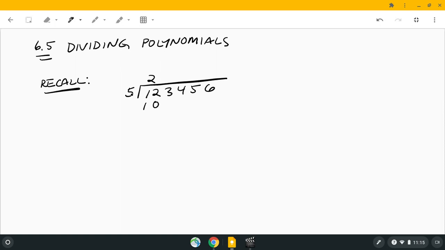We try to figure out 5 times what will give us this here, or close to it, and then we put the answer here. We multiply, put the answer here, and then we subtract. And then we bring down.